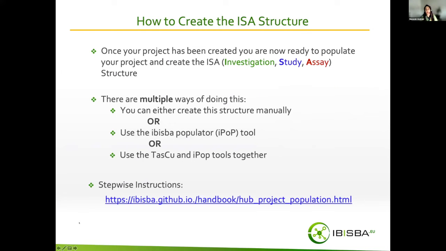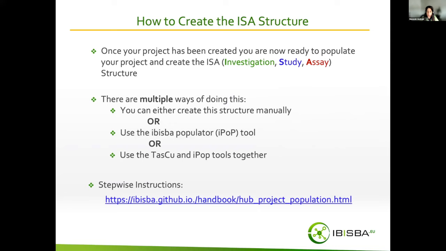Now, how do you create this ISA structure on the IBISBA Hub? We provide you with multiple ways of creating it. If your project is small and you anticipate you will not have a lot of experiments to carry out, you can do this manually, one step at a time.